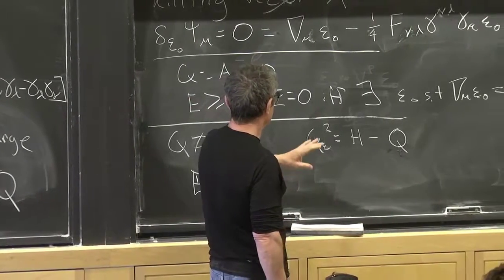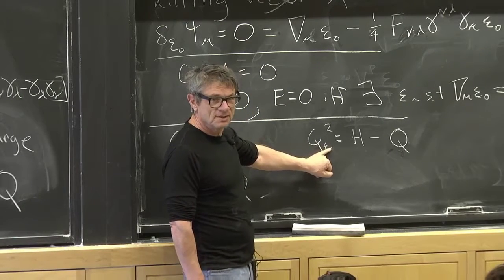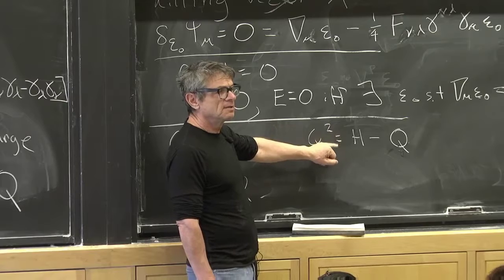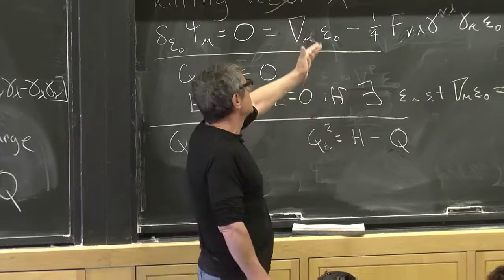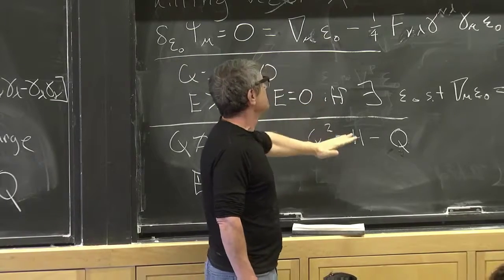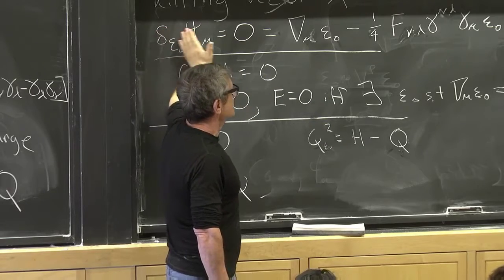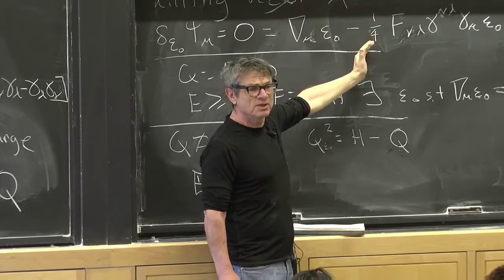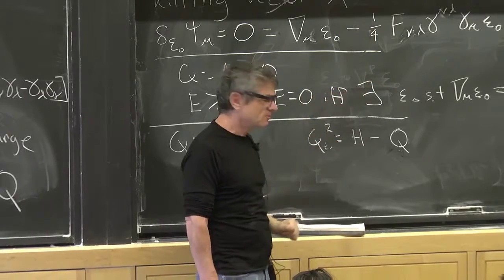And it can be equal to the charge when this Q epsilon is somehow 0. And the Q epsilon being 0, annihilating the state, the classical version of that statement is that the Rarita-Schwinger field is left invariant by the associated supersymmetry transformation.